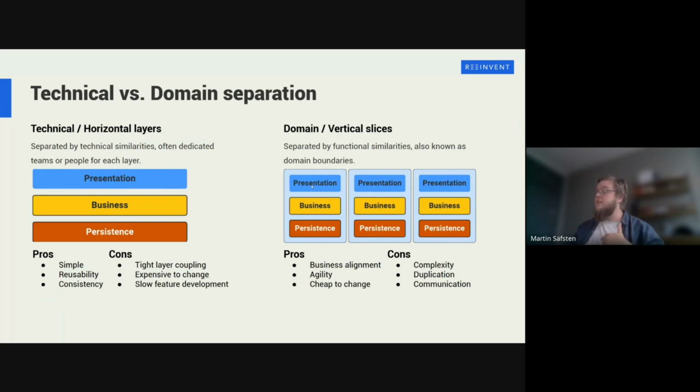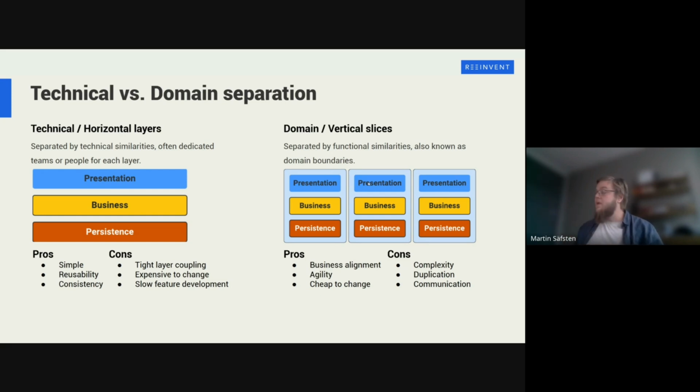I need to access the password service. Yeah, all right, I need to generate the password. So if the communication between vertical slices is high, that could be a sign that the domain boundaries that were defined are wrong. You want to minimize the communication between vertical slices, and that's one of the guiding principles of vertical slicing.